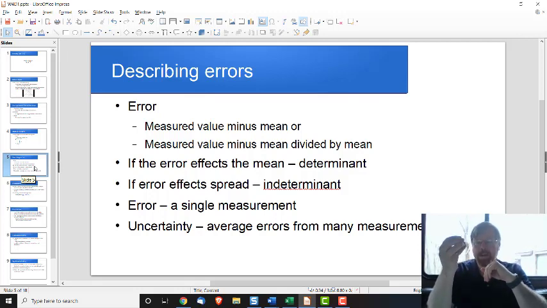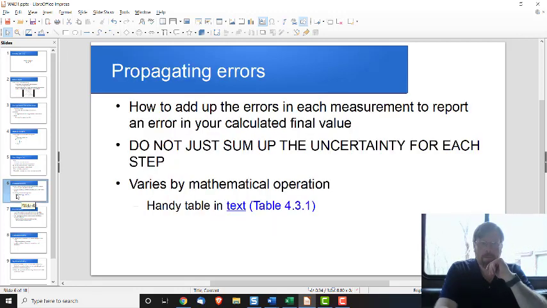It's the average of errors from a lot of measurements. To come up with the uncertainty, we do something called propagating errors. It's a formal way to combine the errors from multiple measurements and report that uncertainty in our calculated final value.